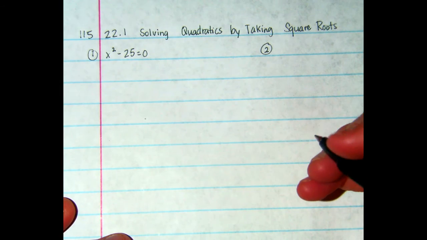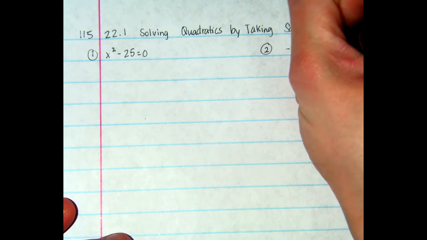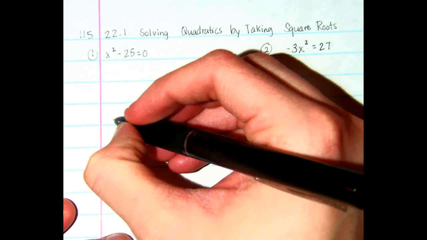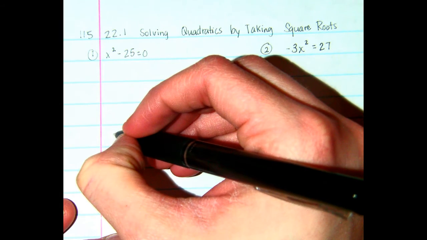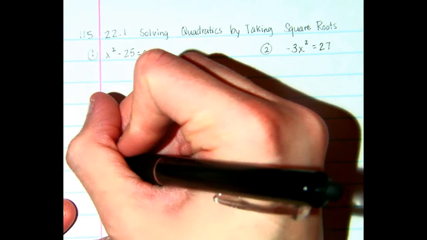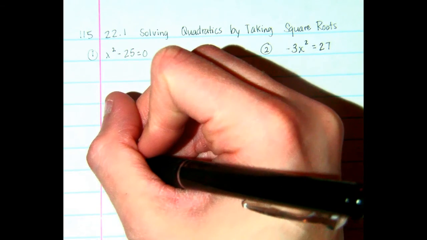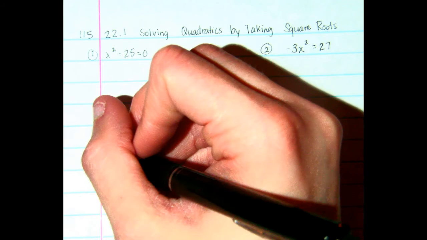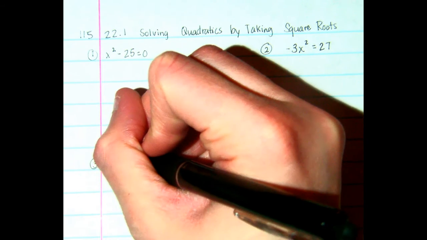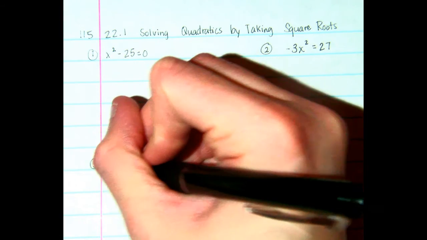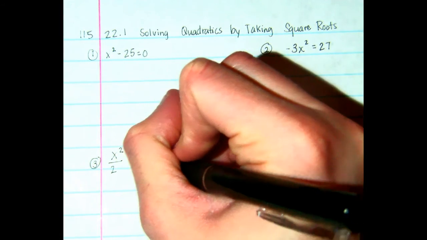Number 2, negative 3x squared equals 27. Number 3, x squared over 2 equals 50.